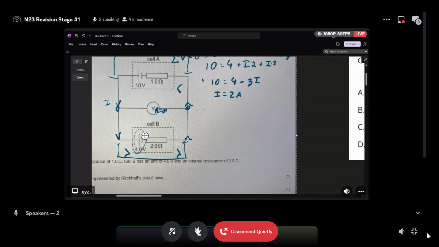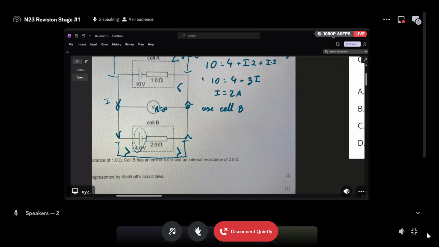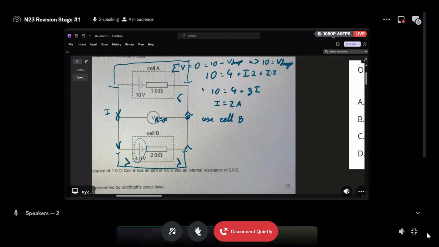So, for example, if we use cell B, we get the potential drop because of cell B, which is the same as, I'll call it Vm.